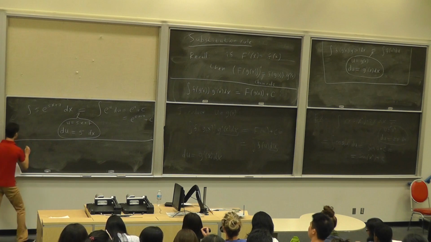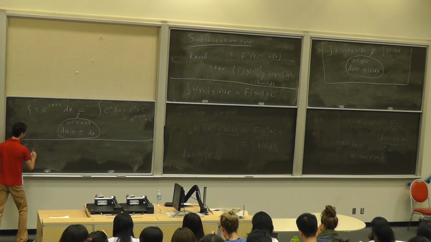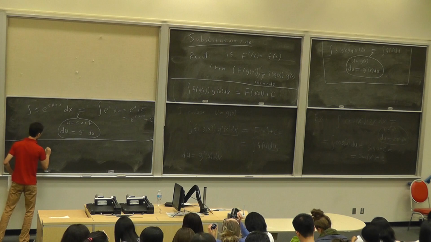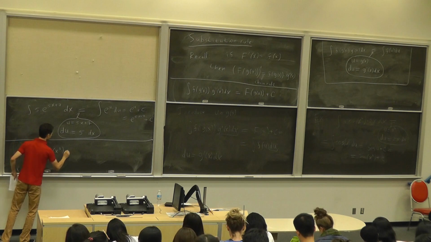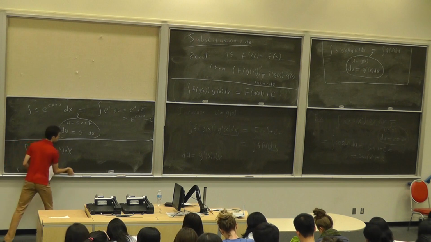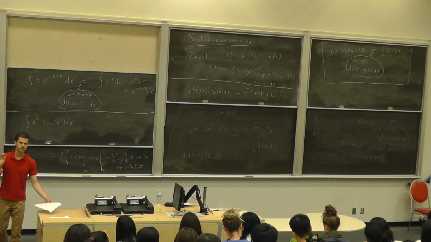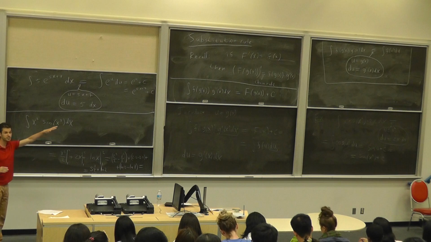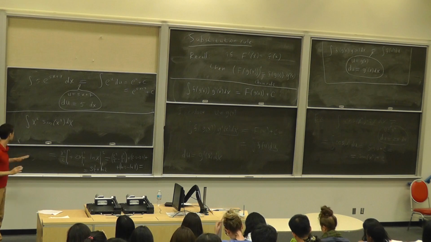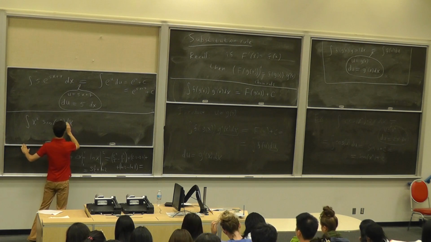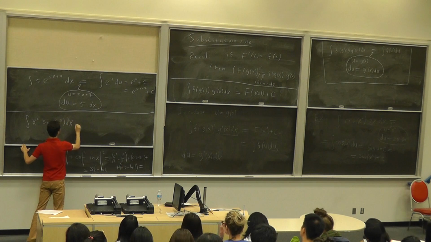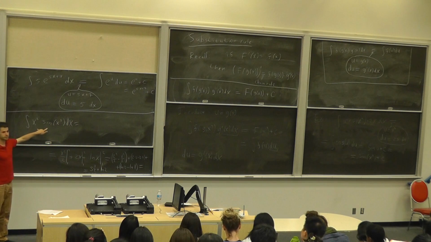So let's try to integrate x squared times sine of x cubed. It's going to be just very slightly more complicated than the previous examples, but almost as easy. So once again, I'm going to integrate this function.